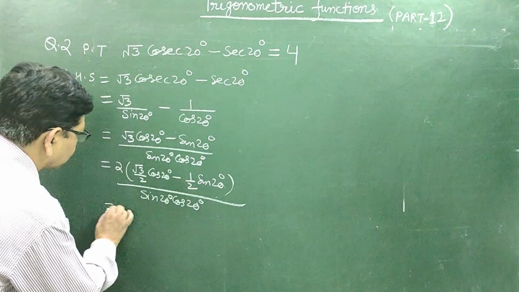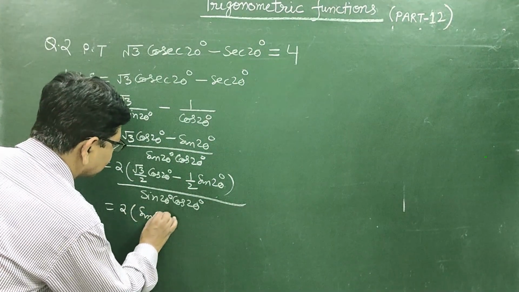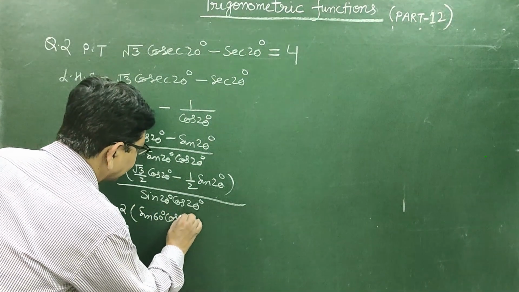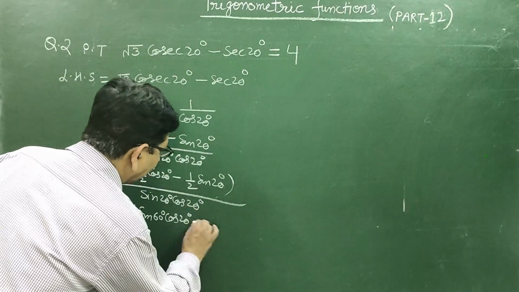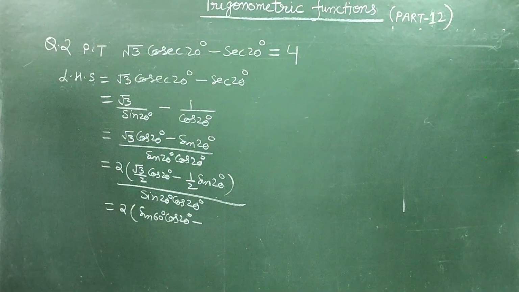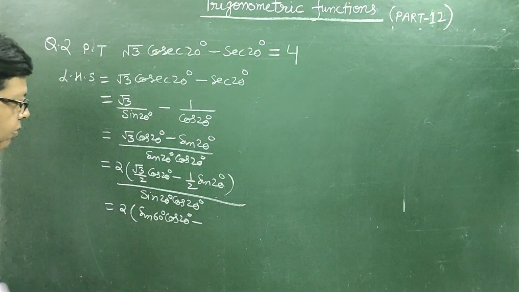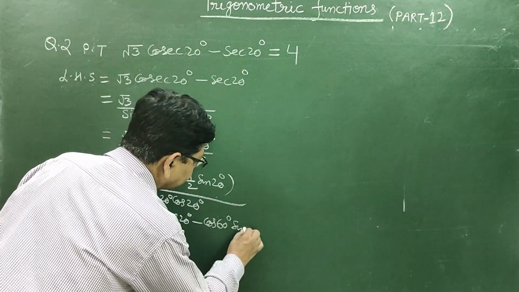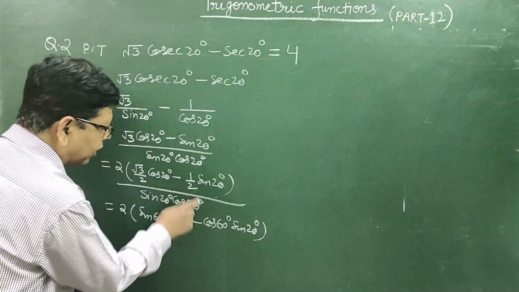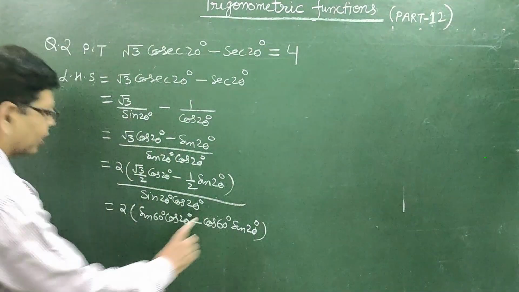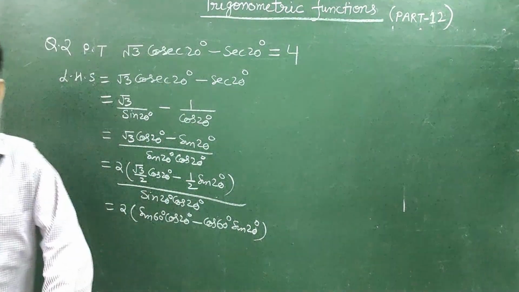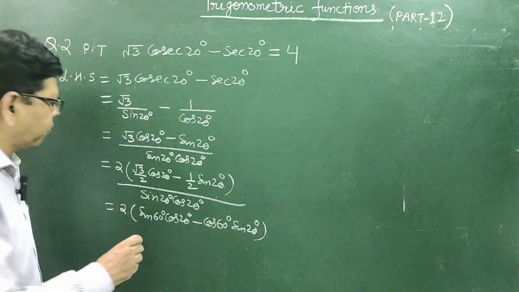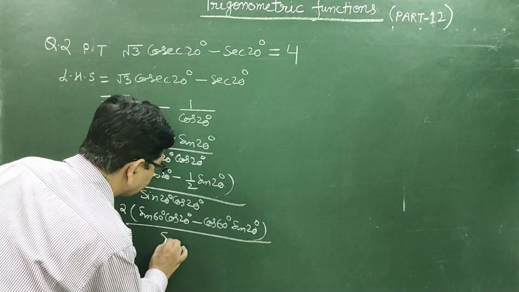So this is equal to 2 into sin 60 degree cos 20 degree minus 1 by 2 sin 20 degree, and we have cos 60 degree into sin 20 degree, because 1 by 2 is the value of cos 60, bringing it in the form sin A cos B minus cos A sin B upon sin 20 degree cos 20 degree.